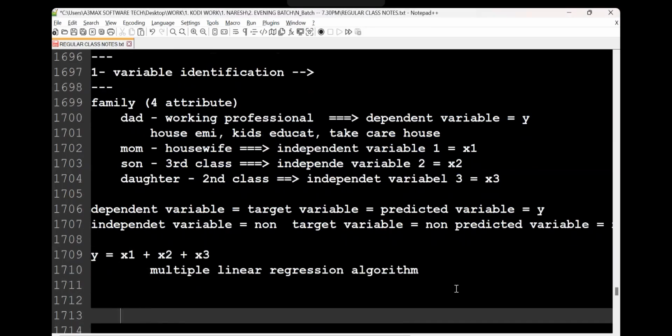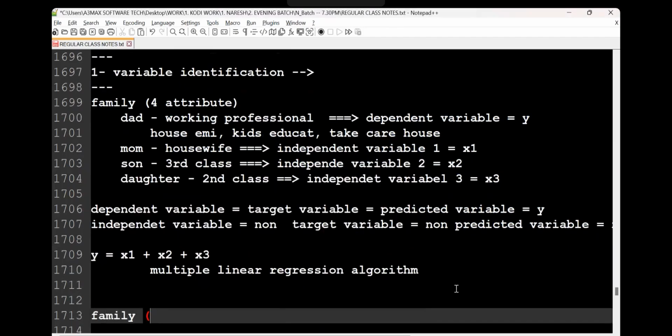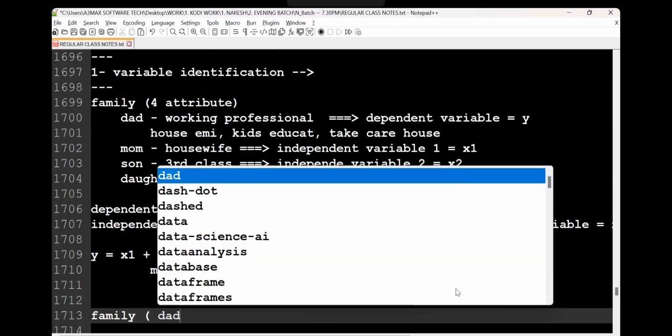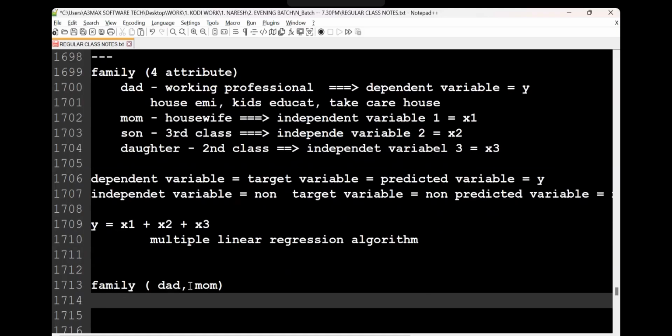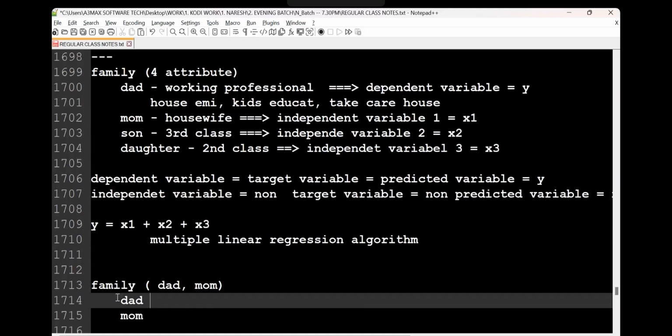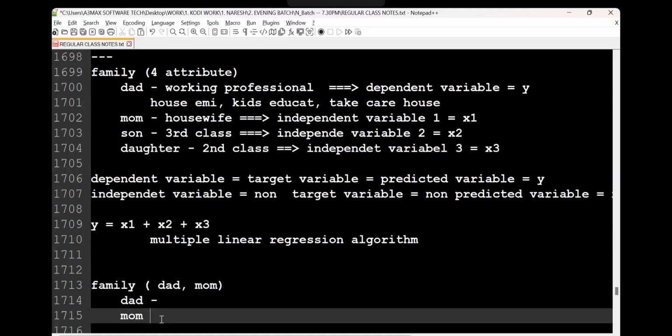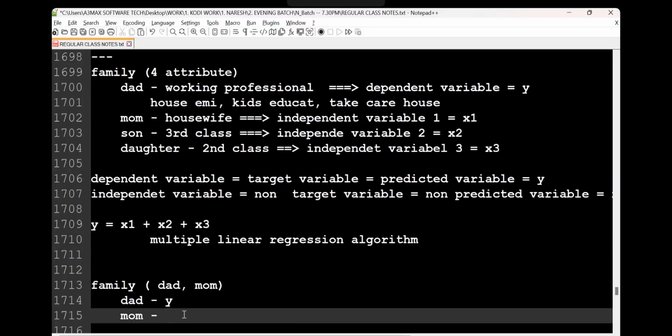Okay, now let's take another family. Another family has two attributes, let's say dad and mom. How many attributes? Dad and mom. So can you please tell me which is dependent, which is y, which is x? Dad is y and mom is x.